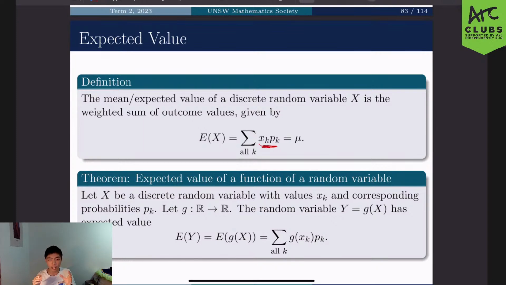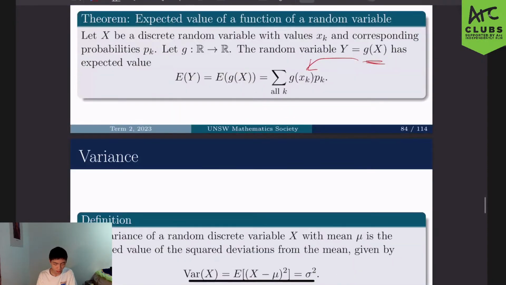If something has a bigger probability, then it should have a bigger weighting, and if something has a lower probability, then it has a lower weighting. Now if you have a function g of x and you're trying to find the expected value of g of x, then all you need to do is sub it in. You replace the x with the function and you do everything as normal.